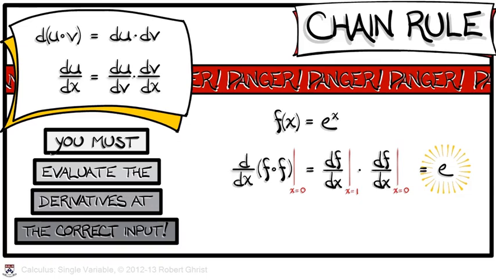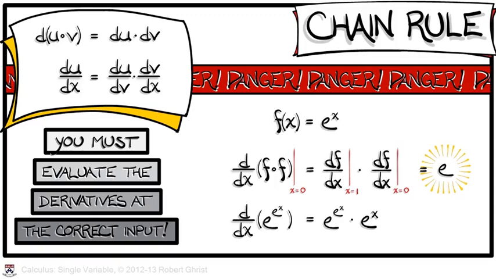What's really going on? Well, you know how to differentiate functions, and you know how to use the chain rule. Let's think about what f composed with f is. It's really e to the e to the x. And if I were to ask you, how do you differentiate that? You would say, well, first, I differentiate the e to the x and evaluate that at e to the x.